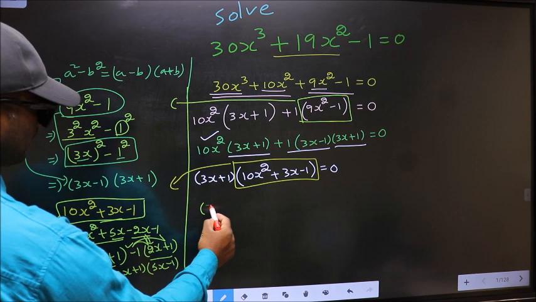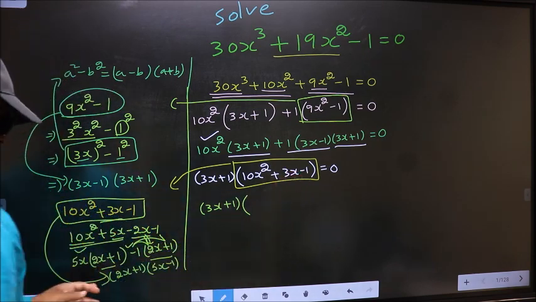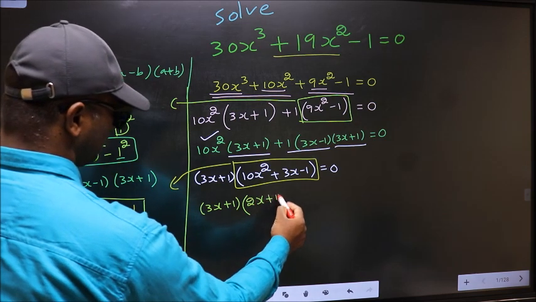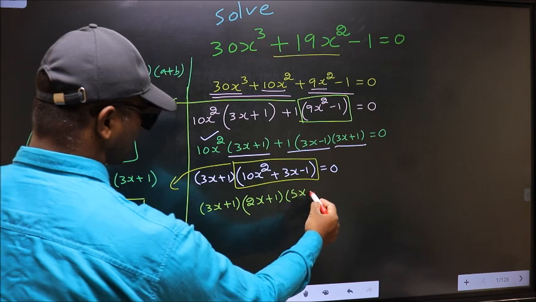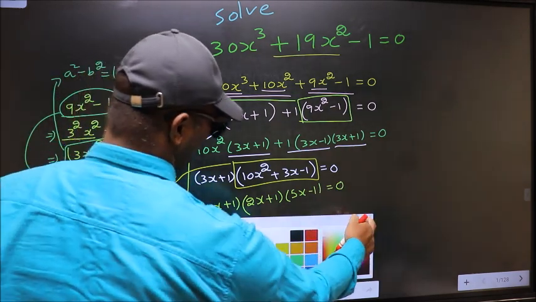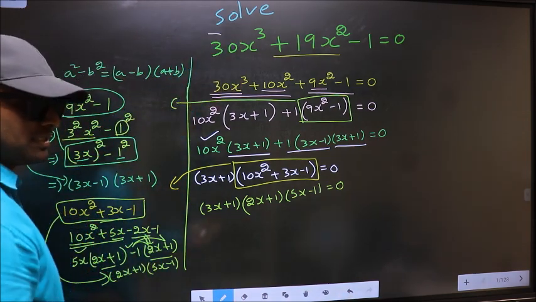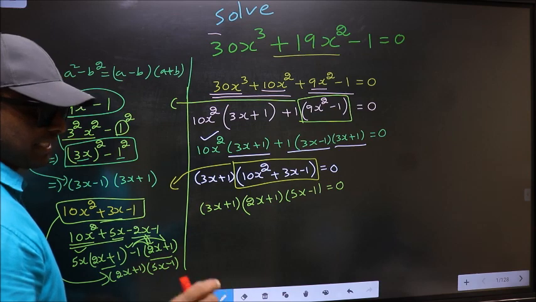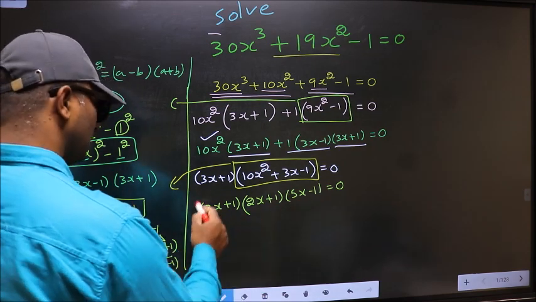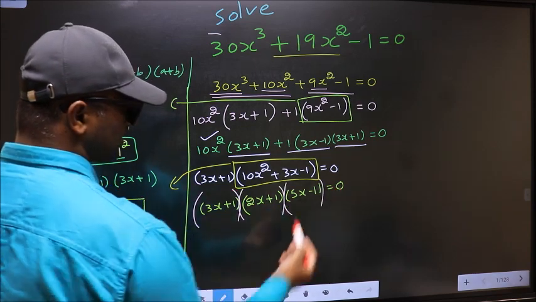So this equation will become (3x + 1)(2x + 1)(5x − 1) = 0. Also, they told us to solve, which means we should get the values of x, and over here we got product of brackets equal to 0.